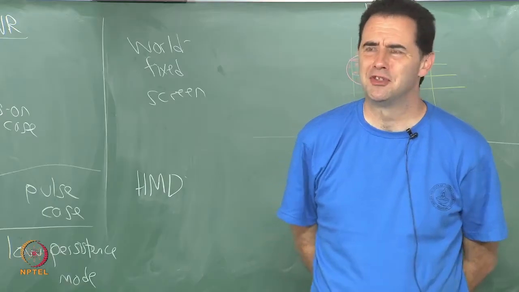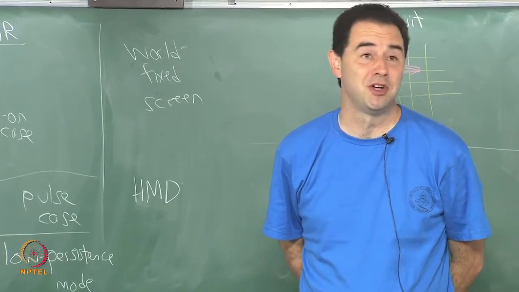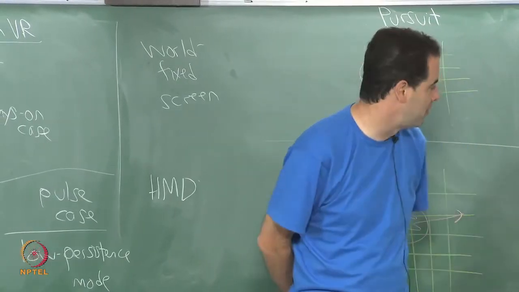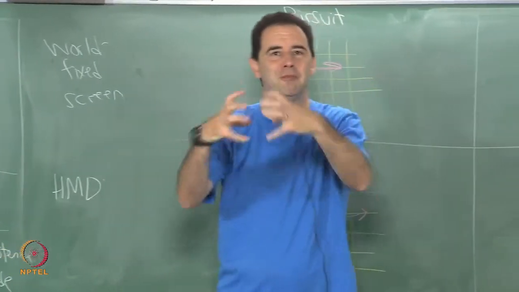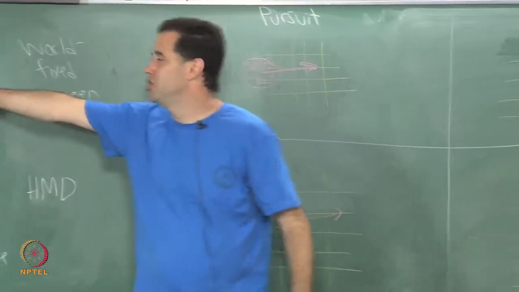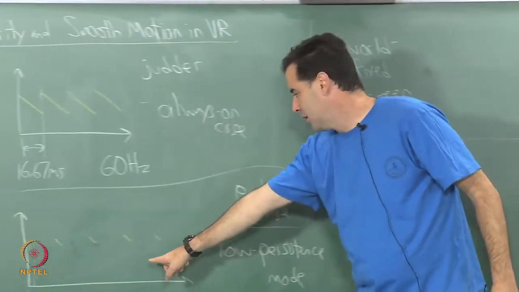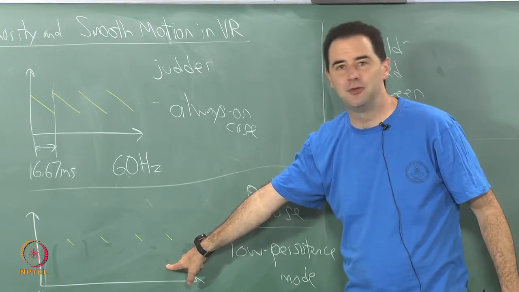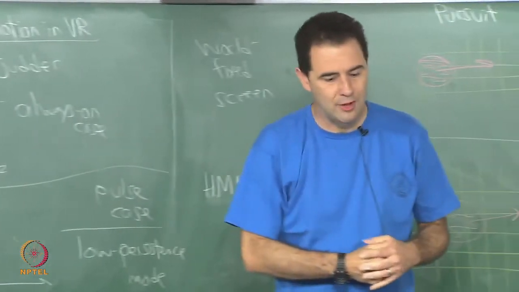So instead of having perceived stationarity be right with a very slow switching display like an LCD display, the objects become blurry when they're supposed to be stationary. So they blur and then unblur. Maybe that's better than judder, but this pulsing method is better than both if you can support the fast frame rate and reduce flicker. Questions on that?